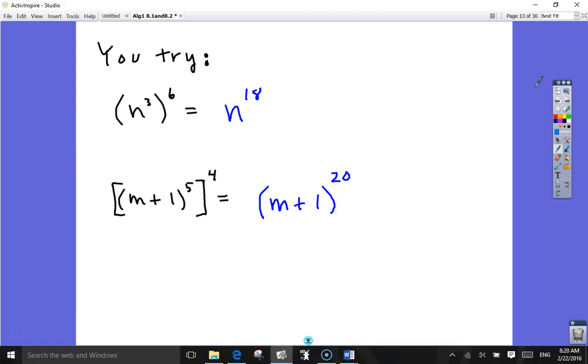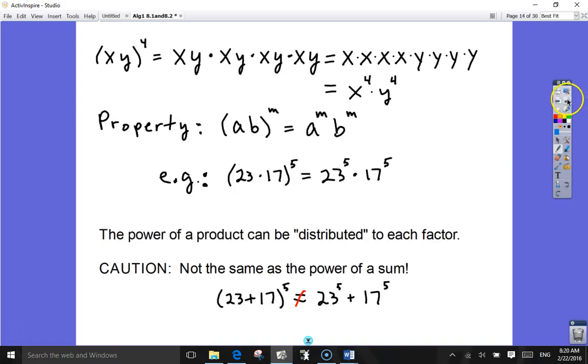So this does not work unless they are multiplied together. They come in on factors. So again, you can think of it as distributing, but caution, it's not the same thing as the power of a sum. That you can't do.